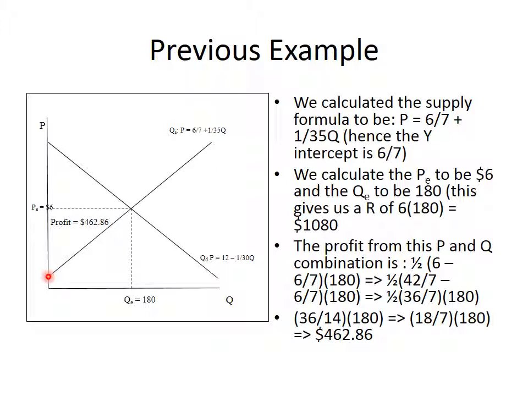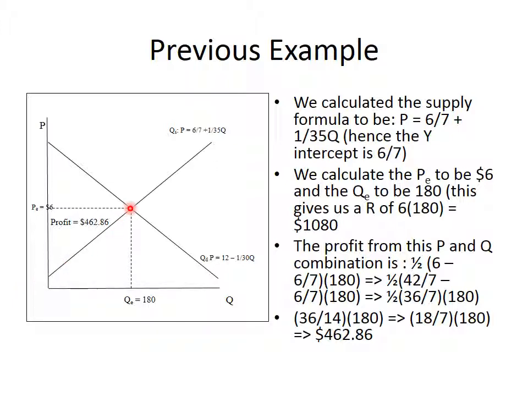Conceptually, what that means is that 6/7 of a dollar, which I can't remember, it was 85 cents or something like that, is our minimum average total cost for our fish sandwich. That's the point at which we're going to produce. Any price less than that, and we're not going to produce, because we'd be losing money per unit. So that's the point at which we produce.